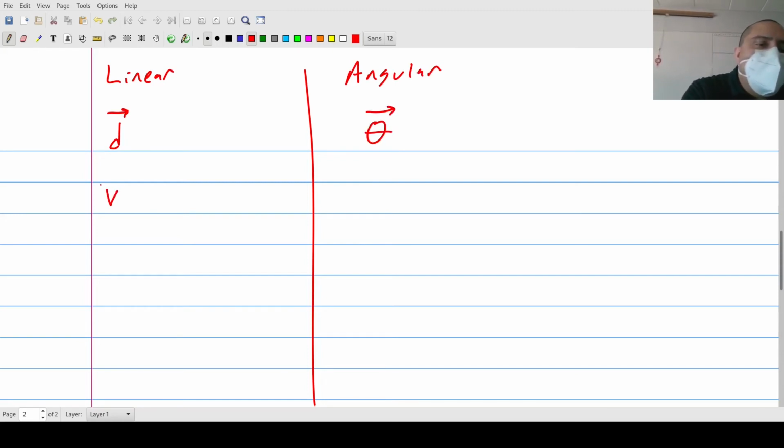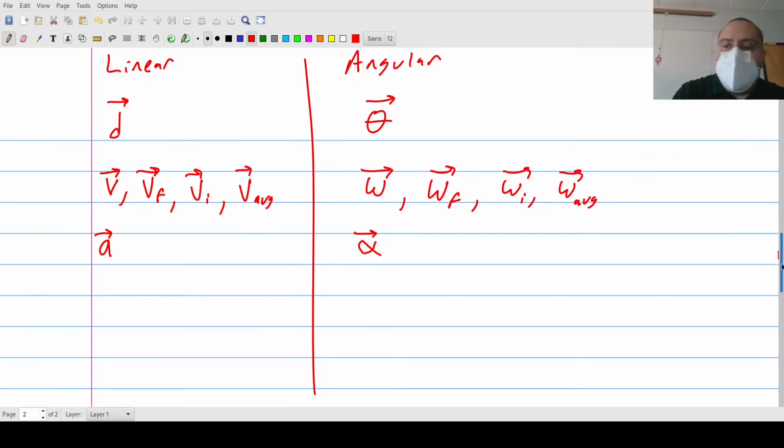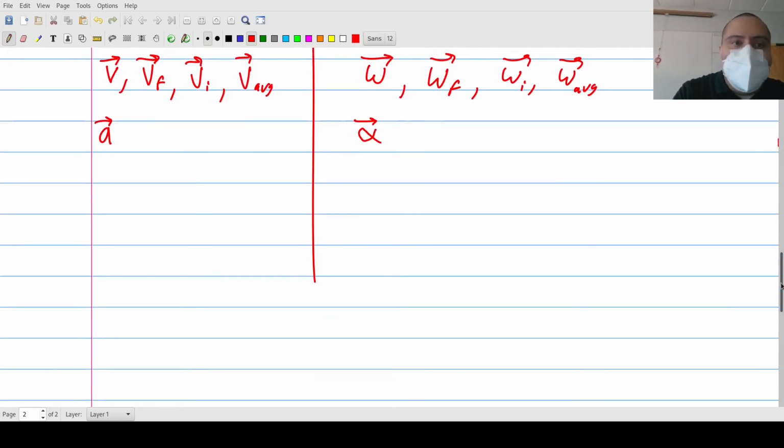We have v, velocity, a vector, and we have angular velocity, which is also a vector. We have acceleration, and angular acceleration. Maybe you have a v final, or a v initial, or a v average. Well, you would have all of those under omega final, or omega initial, or an omega average. So there's a lot of similarities, and when we start writing the formulas, you'll see a lot of the same there as well.